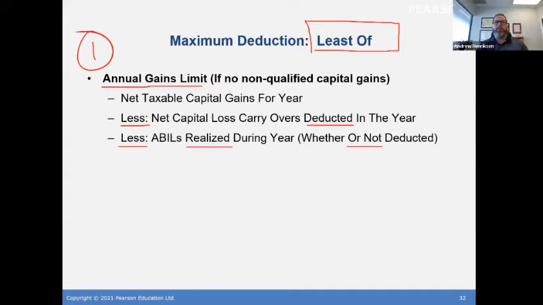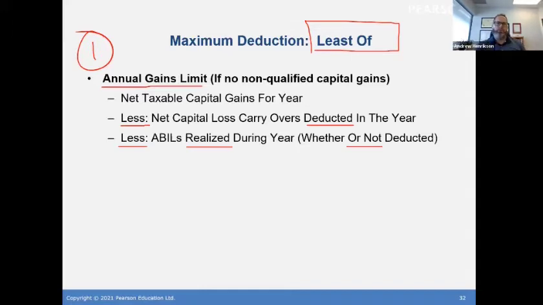And again, the thought behind the ABL losses and the capital gains exemption, the reason why they interact is because they're kind of like two sides of the same coin. You're getting a preferential treatment if you invest in a small business corporation and lose, and you're getting a preferential treatment if you invest and you win. If you win, you can get rid of that other 50% of the gain and not have to pay tax on it, or at least a portion of it.